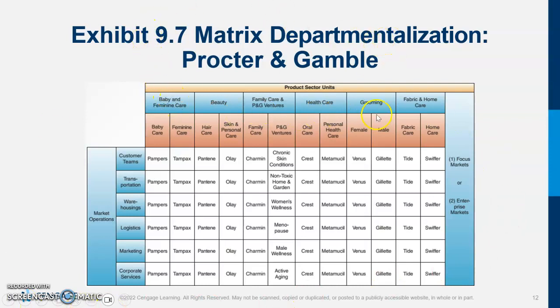Usually there are 2 different areas. For example, Procter & Gamble has type of product up here, and then different functions over here. And so you can see that they use this matrix in order to organize how they run their business. These are definitely the most complex and usually are used by pretty large businesses.